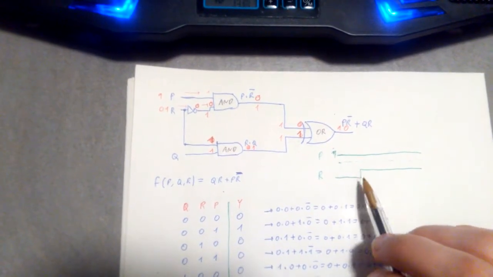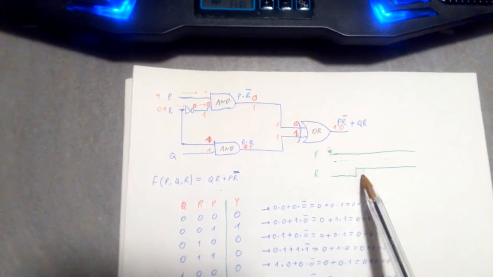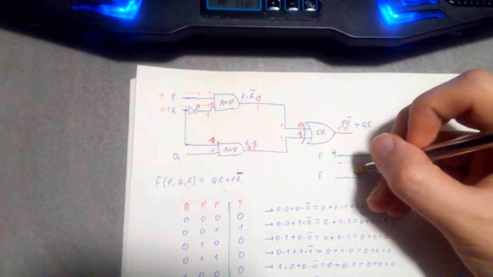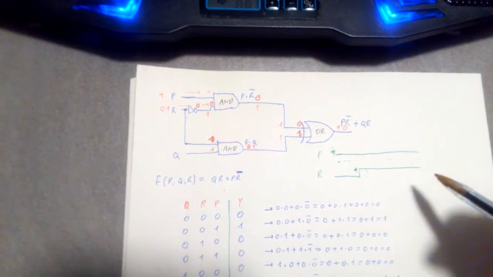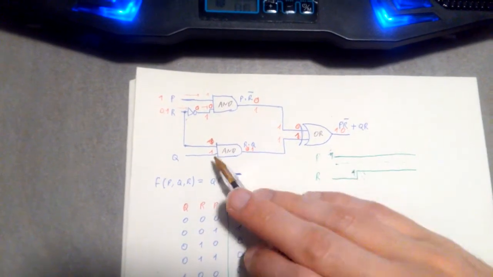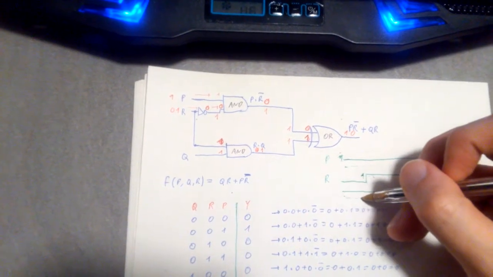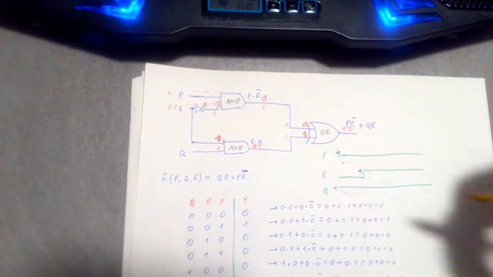So this is when the NOT gate actually does what it has to do and inverts it to 1. So there is a teeny tiny delay. And for the Q, when it's set to 1, it's just going to be 1 all the time, so it's not going to change.